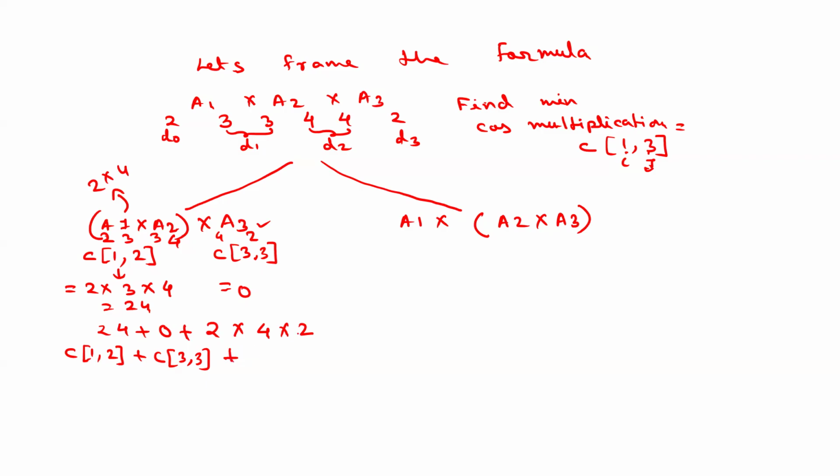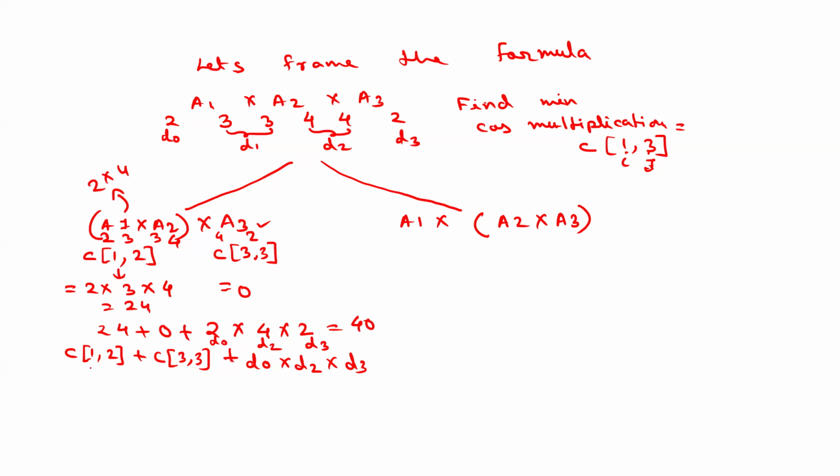Plus 2 cross 4 cross 2. So 2 means here D0, 4 means here D2, and 2 is D3. So plus we can say D0 into D2 into D3. Okay. So that is 40.